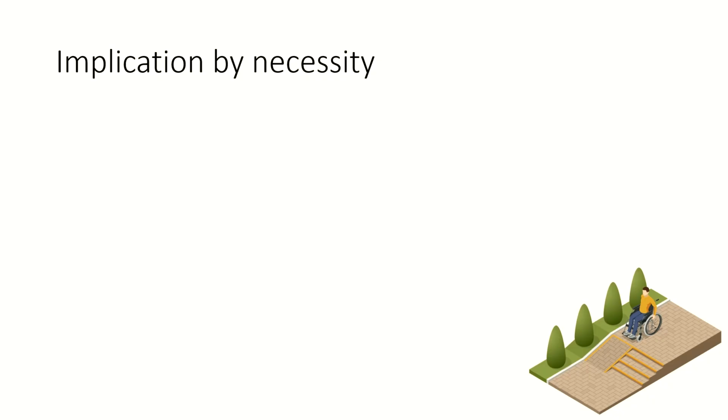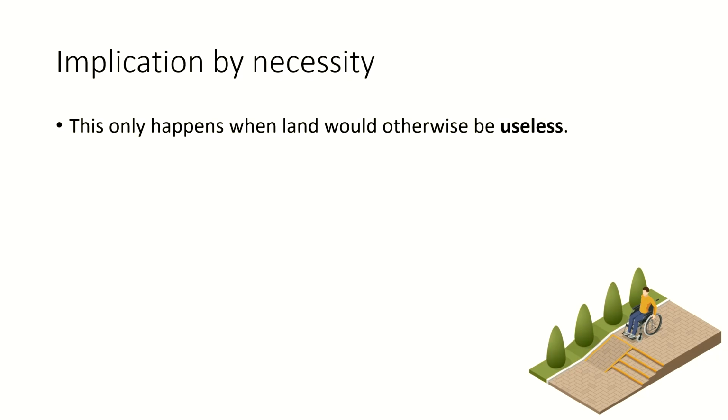Okay, right. Let's move on to implication by necessity. And this one is quite a rare one in real life, to be honest. And the reason being that this only happens when the land would otherwise be completely useless.